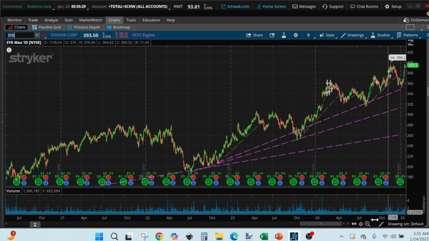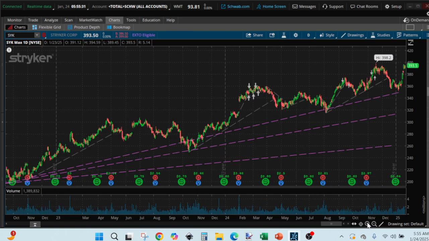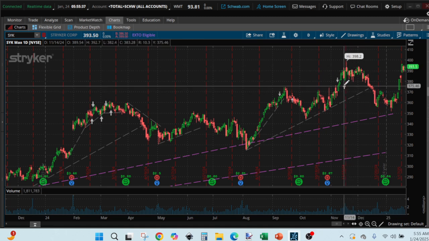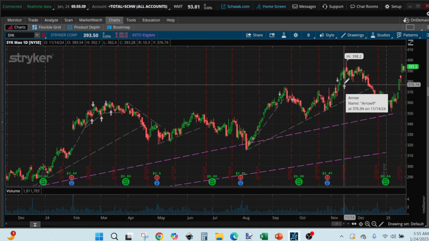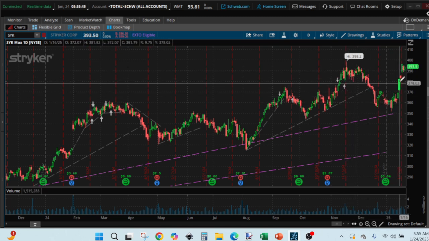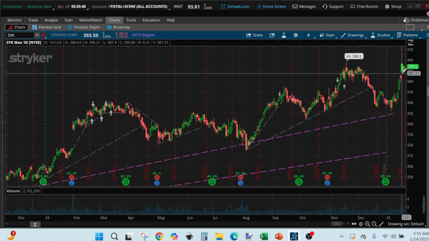So for a while, you see, we bought it where the arrow is, and it fell, and we bought it about in November. The date is at the bottom when I put my mouse on it. So you can see for how long it has been low before it came back to that level.